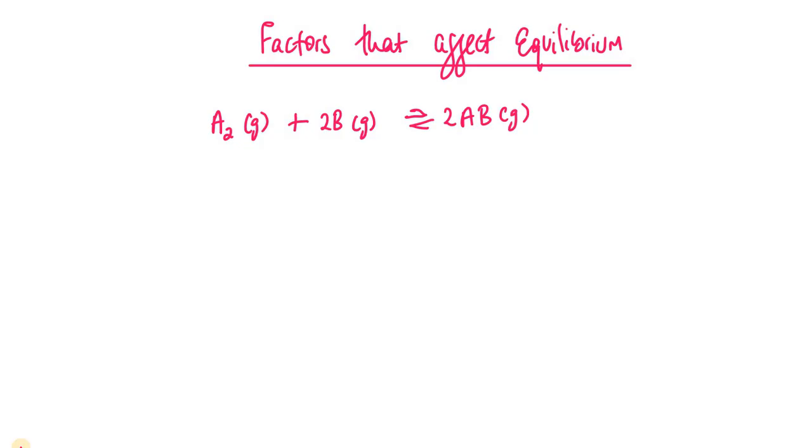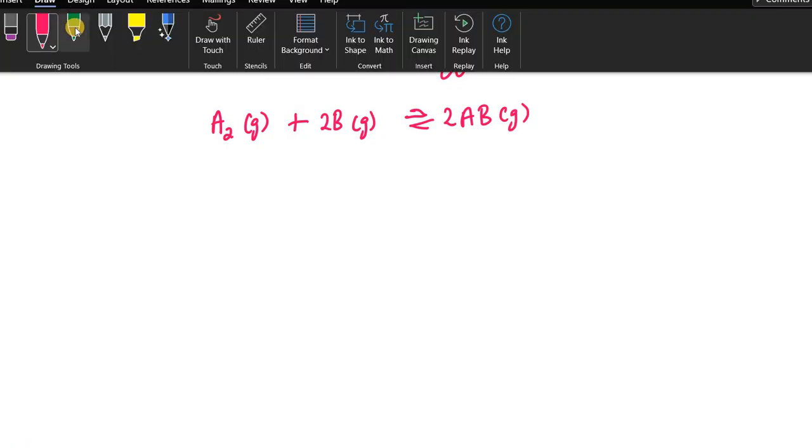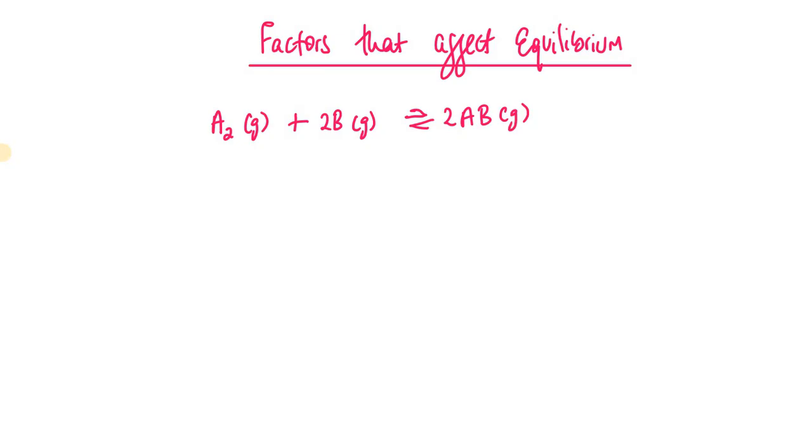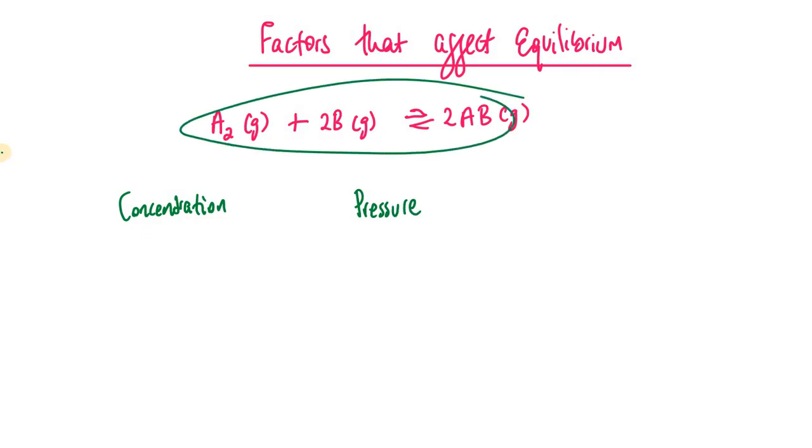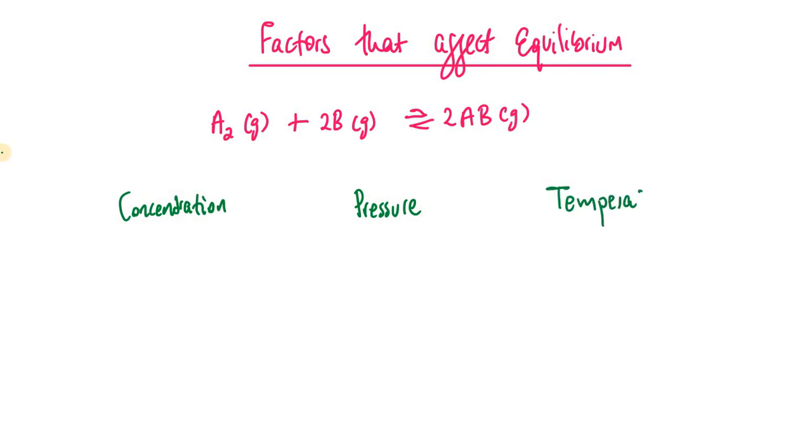Okay, so now we can decide to disturb this equilibrium. How can we do that? We can disturb it by changing one of these 3 factors. You can change the concentration of one of them, or you can change the pressure of the whole system, or you can change the temperature of the whole system.